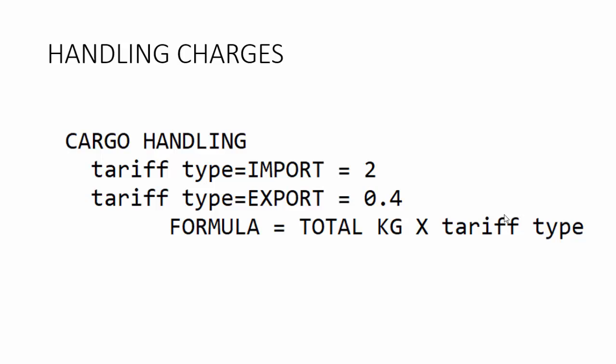When the cargo goes from Rwanda to abroad, the charge is fixed at 0.4. So the whole formula is the total kilograms times the tariff type, which is either 2 or 0.4. So these are the handling charges.